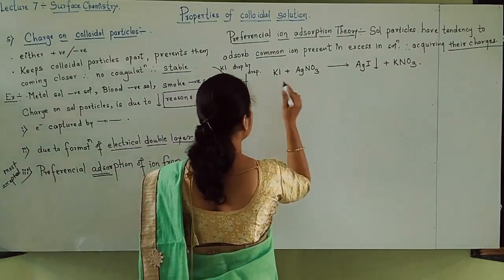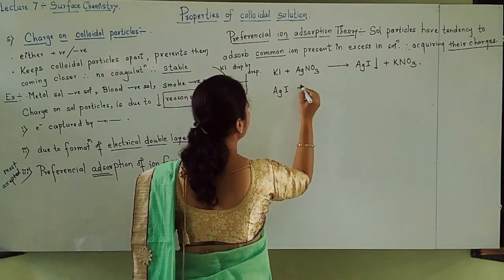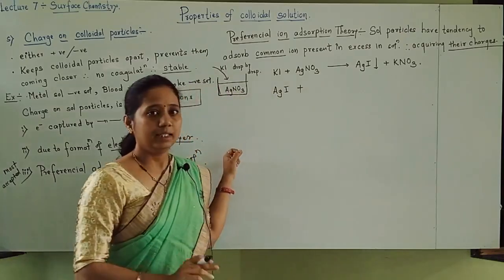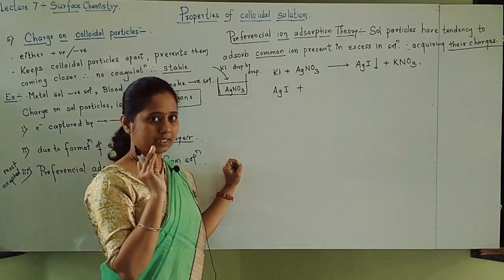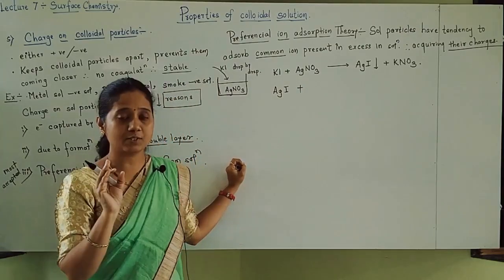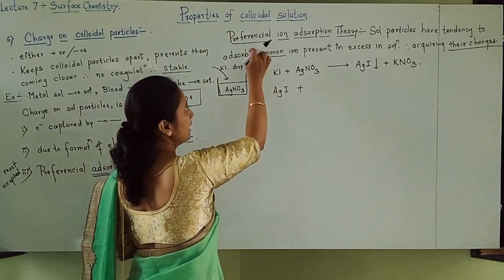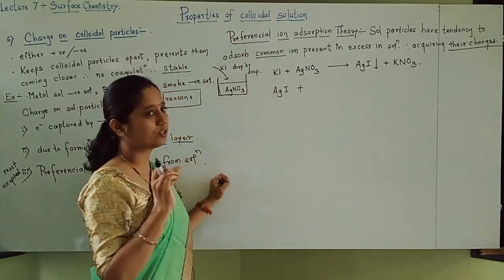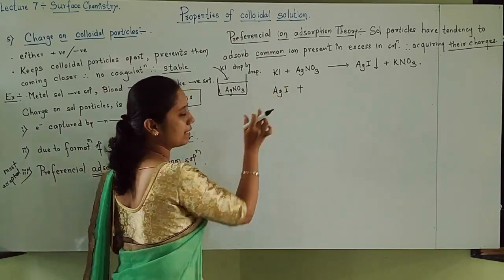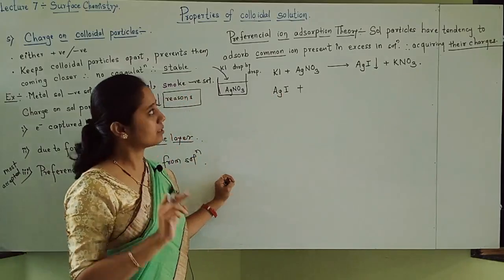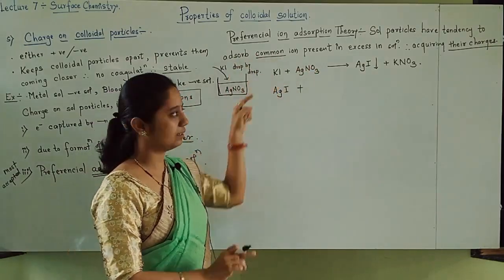Now this precipitate AgI will adsorb which ion from the solution? Try to understand, students. There is a preference for ion, it won't adsorb just any ion. There is a preference, so this type of adsorption is called preferential adsorption. AgI is going to adsorb the common ion to it, because the theory tells that it has a tendency to adsorb the common ion.